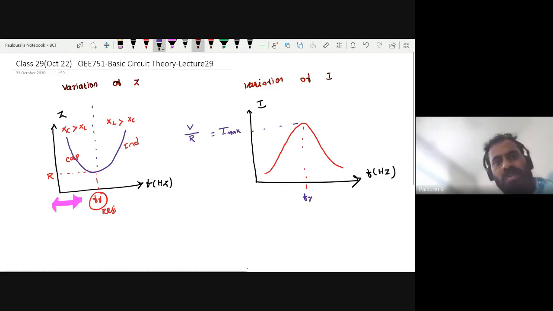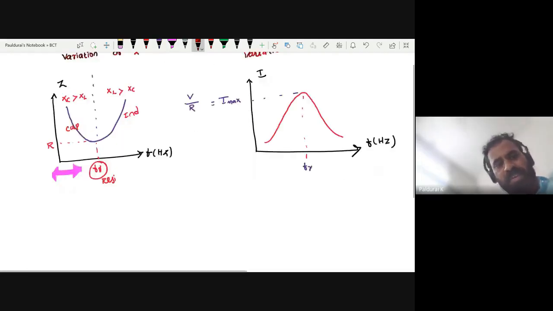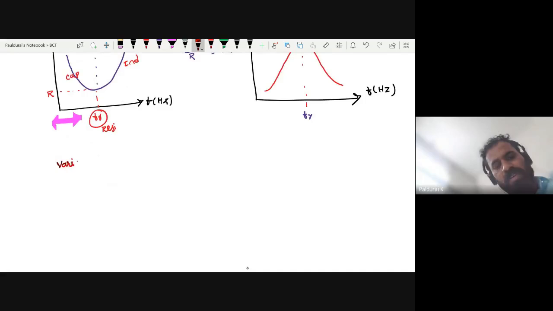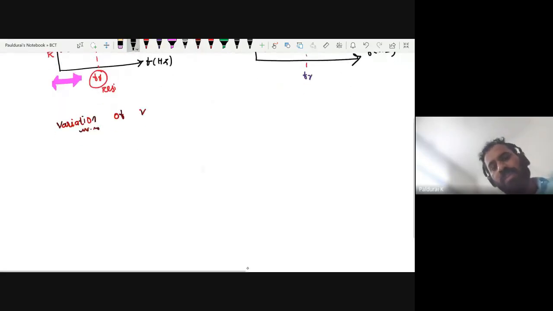After that, I gave the overview of the variation of voltage. Since it is a series circuit, you want to look at three voltages.